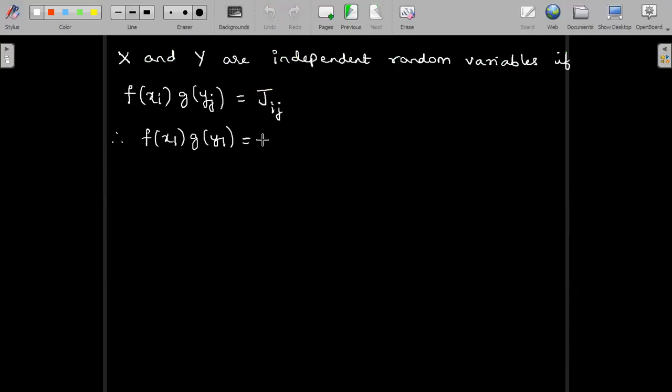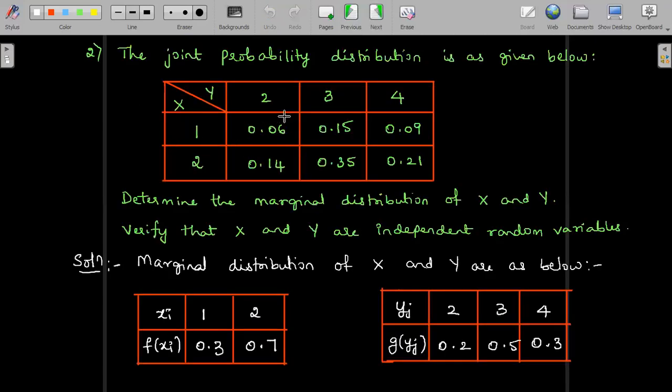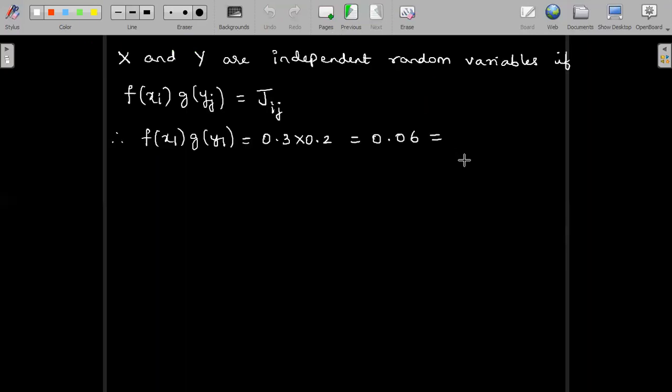So 0.3 into 0.2, the product, is equal to 0.06, and we observe that this is equal to j11. Let me show you the value of j11 from the joint probability distribution table. We observe j11 is 0.06, so it is equal to j11. So for i equal to 1 and j equal to 1, the condition got satisfied.